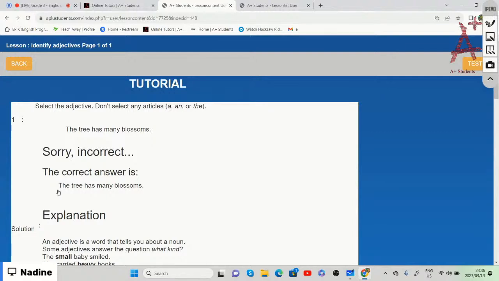The tree has many blossoms. We need to select the adjective within that sentence. What is the word that is the adjective that describes or tells us about the noun? Does it tell us what kind or does it tell us how many?